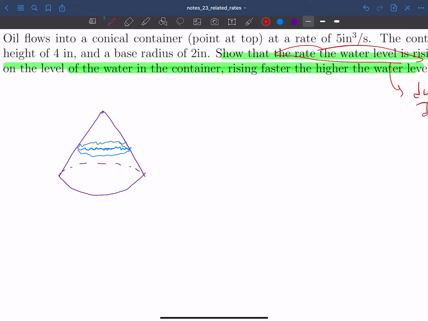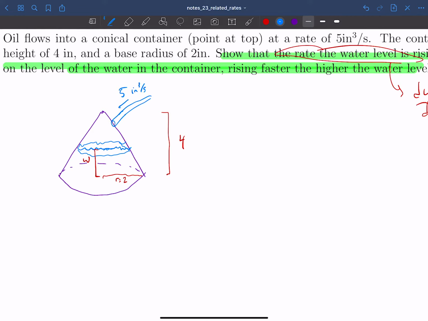Let's label some stuff. Right here, this radius equals 2. The total height right here is equal to 4. And that distance right there is what we're going to call W. And let's say that there's water flowing in from a hose, and water is flowing in at a rate of 5 cubic inches per second.